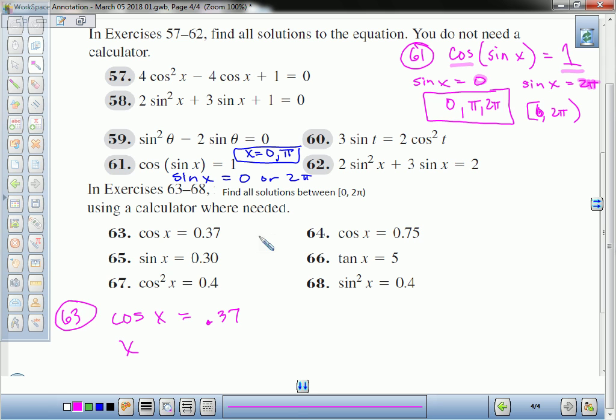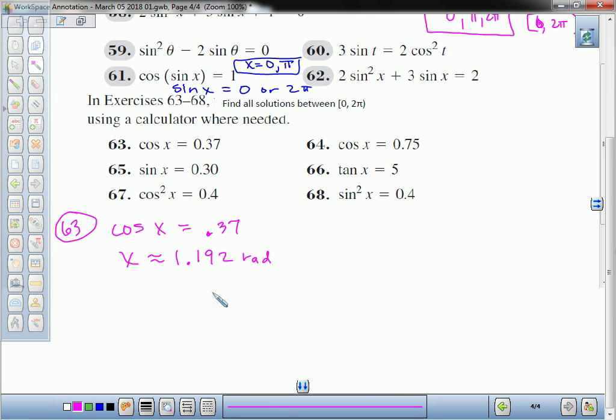Alright, so we do inverse cosine. Oh, hold on. Let me make sure I'm in radian mode. Now I am. I'm going to try this again. Inverse cosine of 0.37 gives me 1.192 radians. So if I thought about that on the unit circle, that is a nice big fat unit circle.